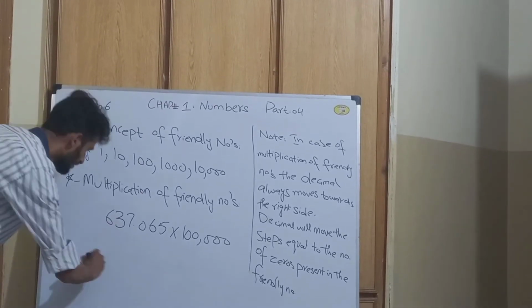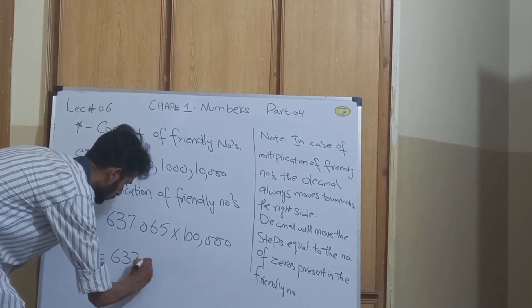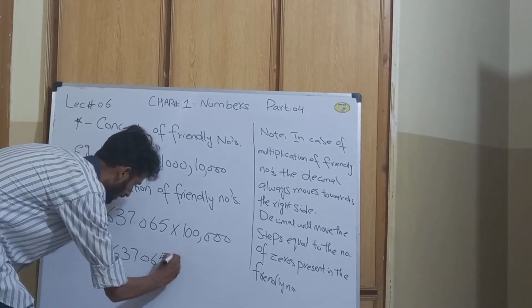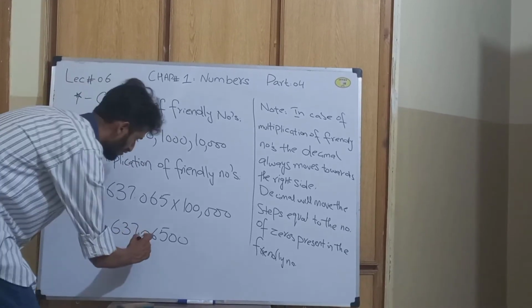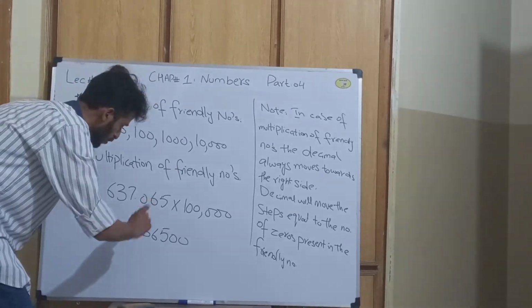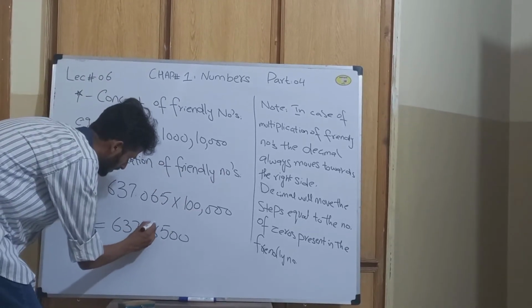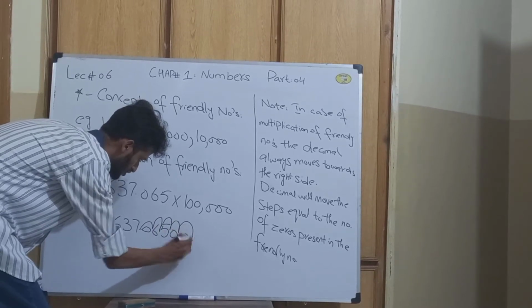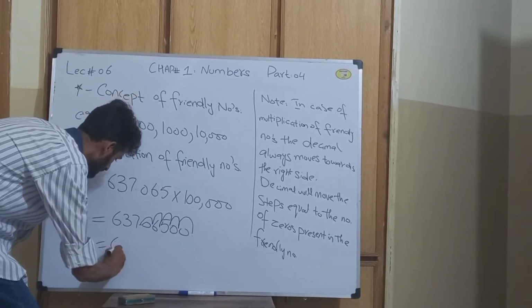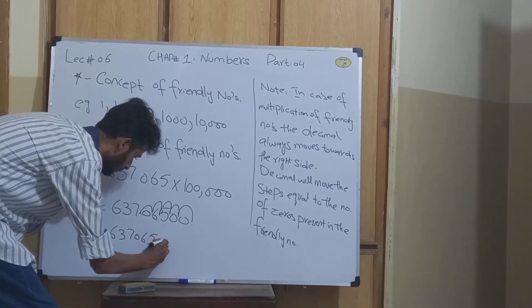So we can write this number like 637.06500. We have 5 digits now. Now we will move this decimal 5 steps forward. One step, second step, third step, fourth step and fifth step. The answer will be 63706500.